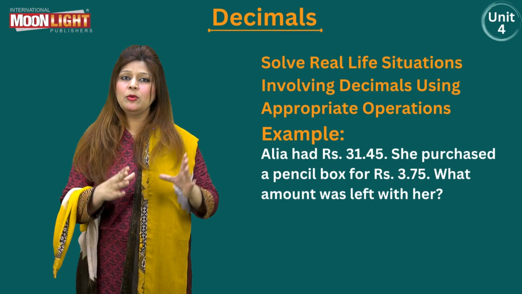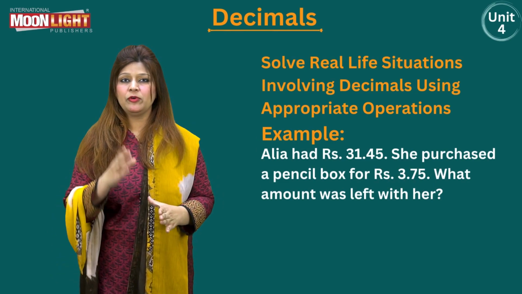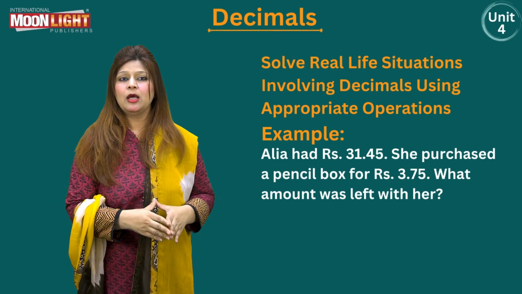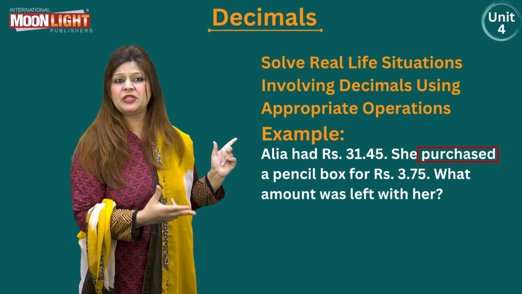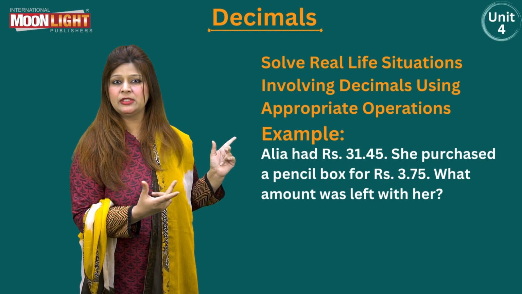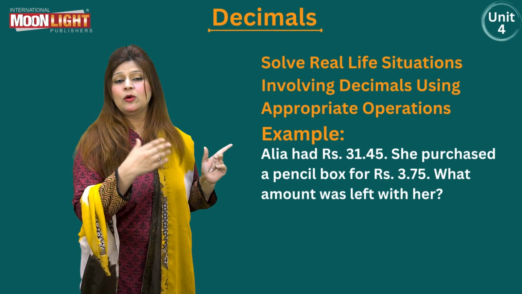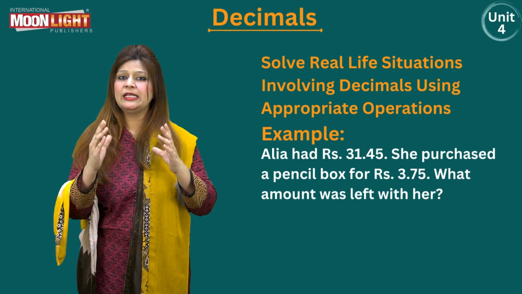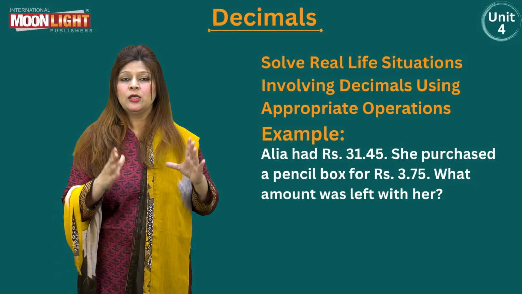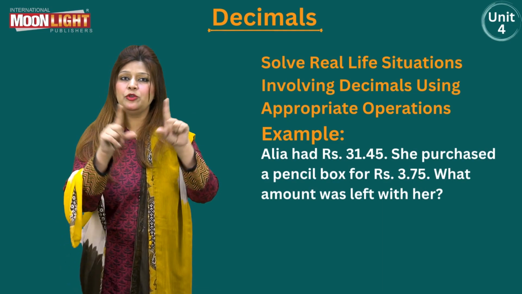Now you are going to underline the keywords. The keywords here are pencil, purchased, Alia, who is the main person who did it, amount, and left. Now you need to box the question.